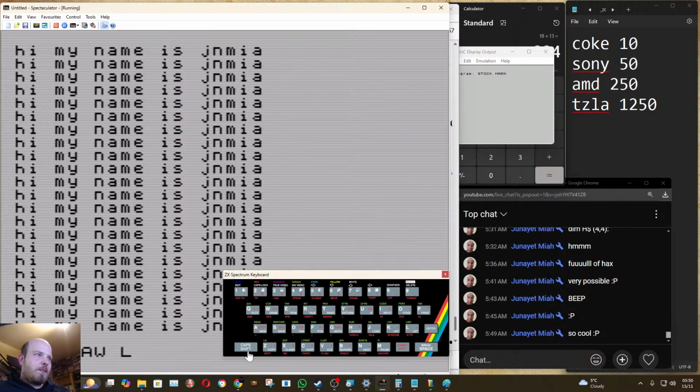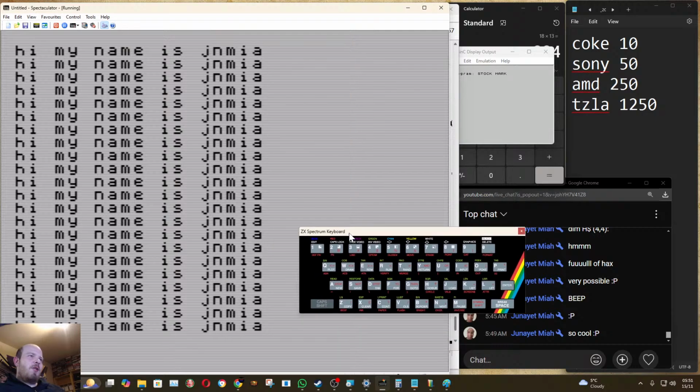So let's do, I need to know how to do that. There's something that you can press. You can't press cap shift and symbol shift at the same time. Damn it. I wish that I could just type.